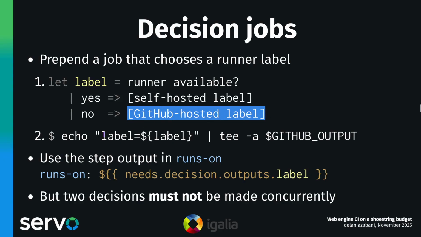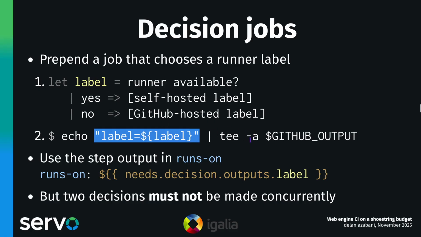And it chooses it and sets it in an output. And this output can get pulled in our workload job, the job that actually does our work, because now you can parameterize the runs-on setting so that it takes the value from this previous decision job.